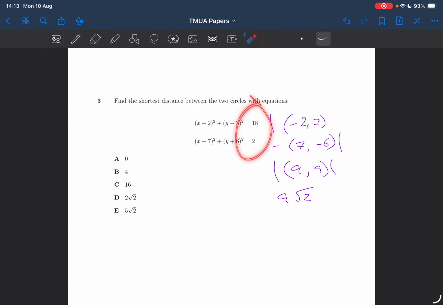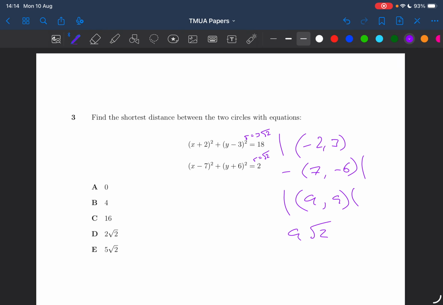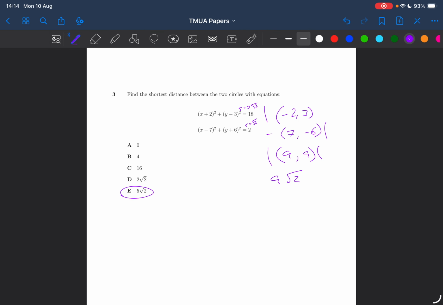Looking at the radii from these, this is obviously going to be root 2 for r. Here, similar sort of idea, but this is 9 times 2 in it, so it's going to be 3 root 2 for that one. So altogether, we've got 9 root 2, take away 3 root 2, take away root 2, gives us 5 root 2 at the end. Is that correct?